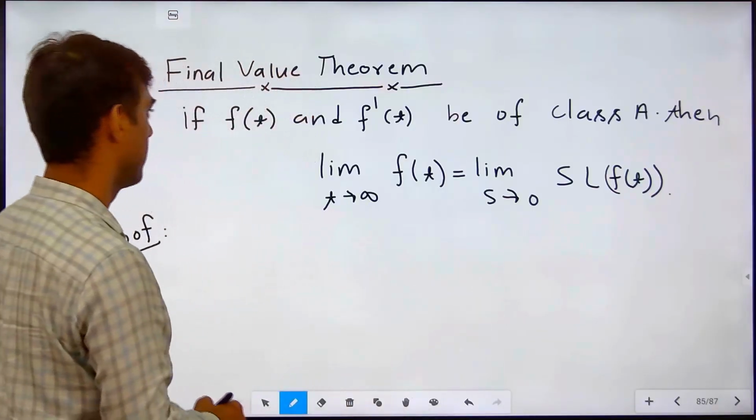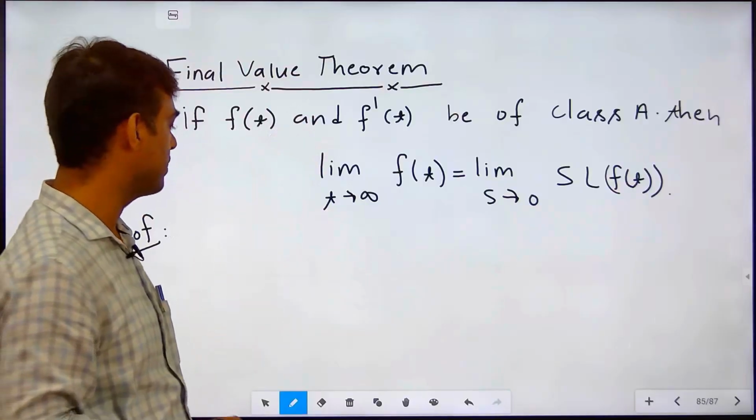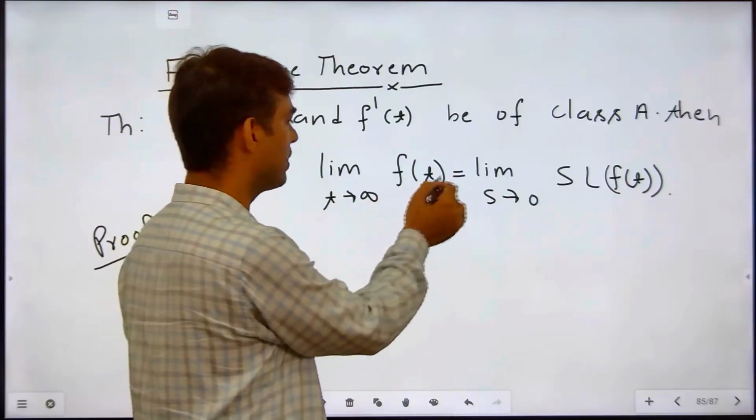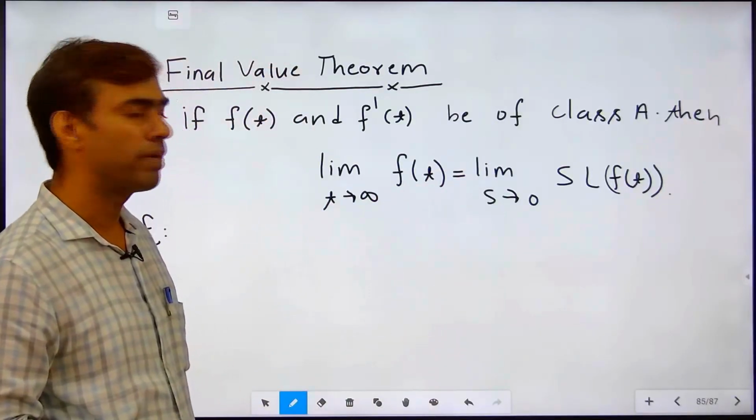So, how do we prove that? If f(t) and f dash t are of class A, then limit t tends to infinity of f(t) equals limit s tends to 0 of s times the Laplace transform of f(t).